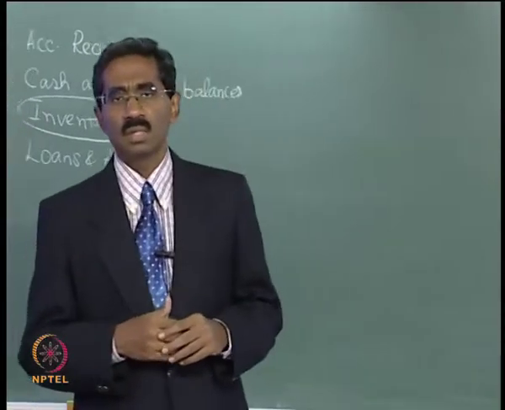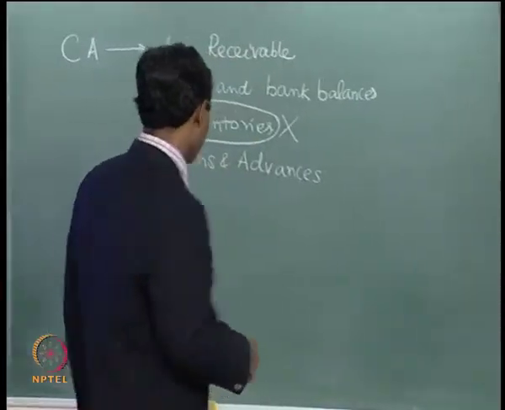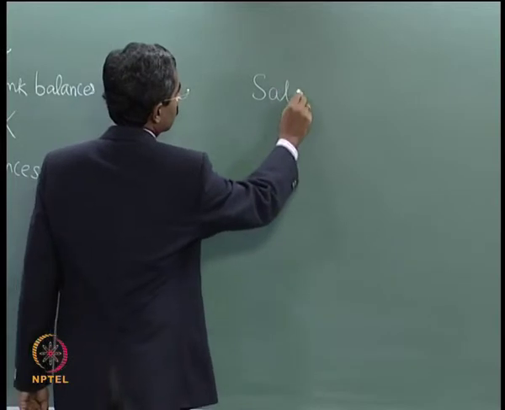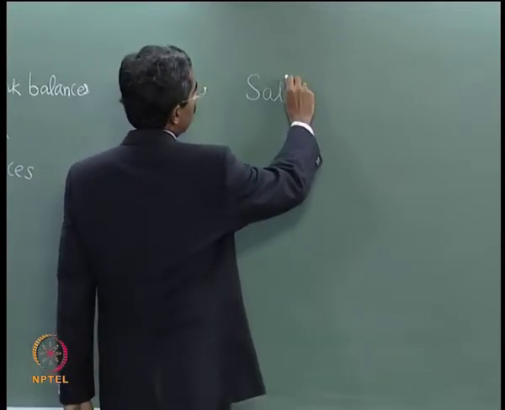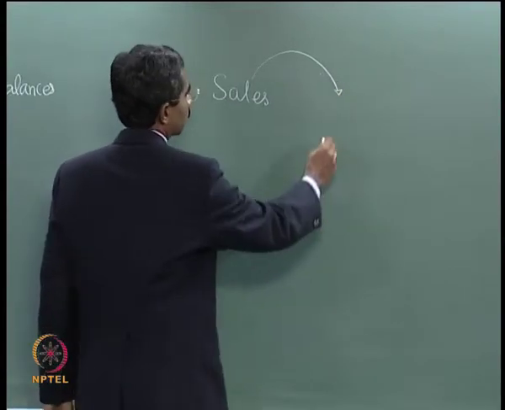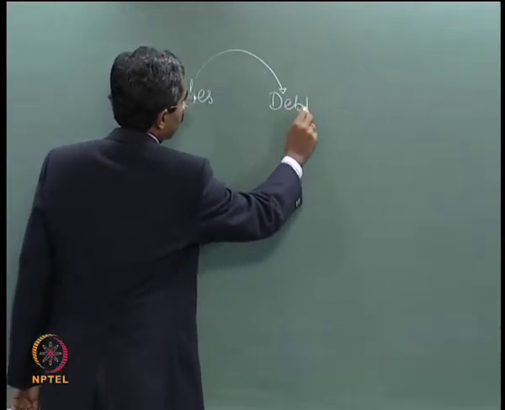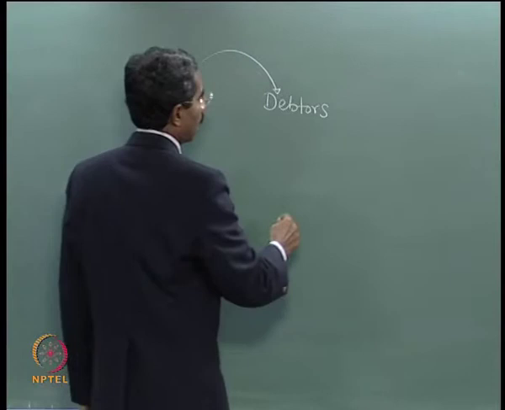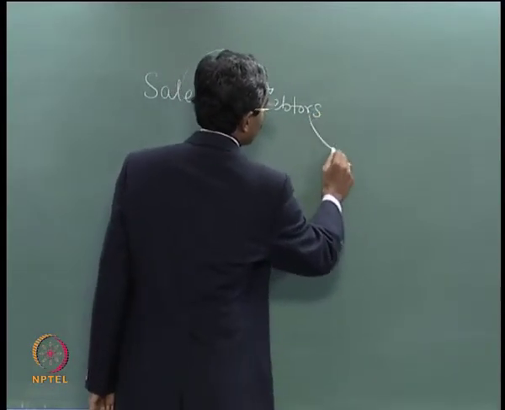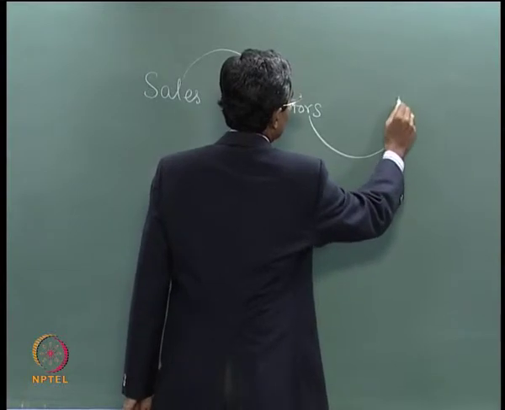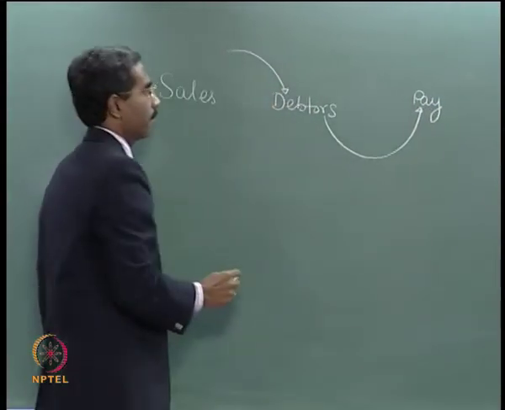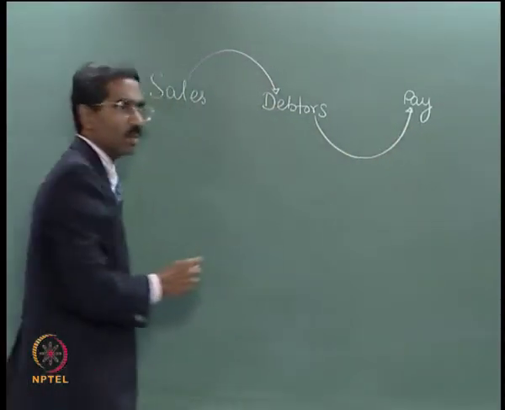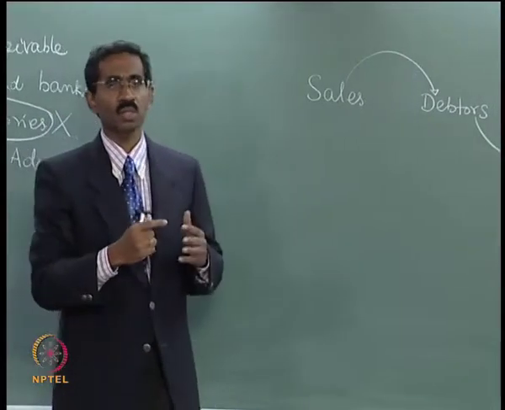Let us look at it in a very simple way. The company makes a sale, and as soon as a sale is made, it is reflected in the accounts receivable, and then when the accounts receivable pay, from the time a sale is made till the time the customer pays, it is called one cycle.